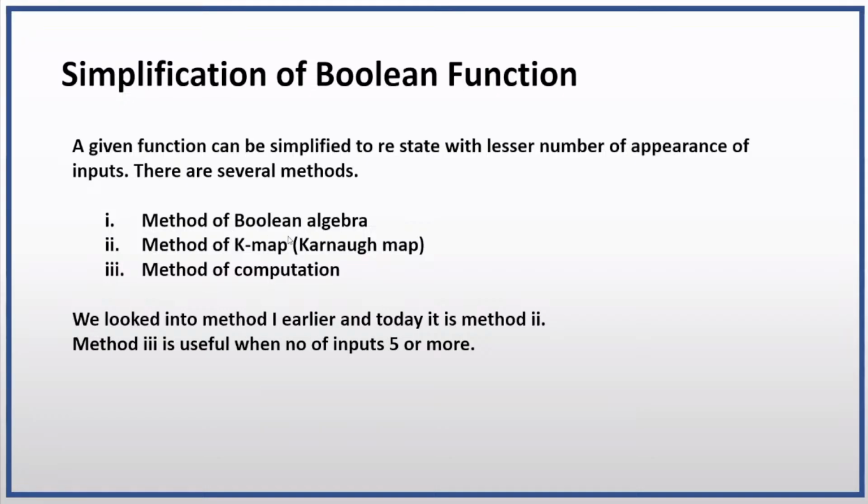The first one is the method of Boolean algebra, which I did in the last lecture, and you can remember the algebra as well as the identities that you can use to simplify Boolean functions. And today we are going to discuss the method of Karnaugh maps.